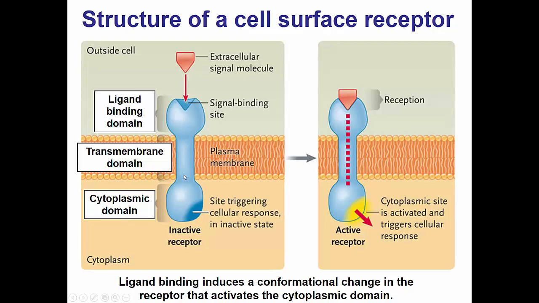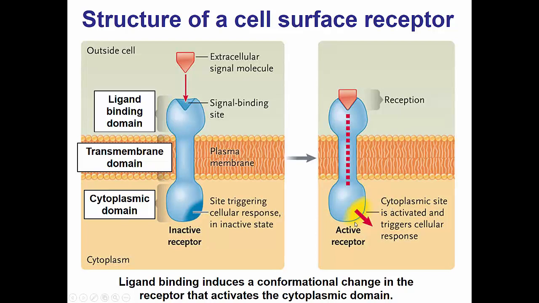The transmembrane domain is a hydrophobic part of the receptor that is embedded within the plasma membrane, and it transmits the signal to the cytoplasmic domain, and those cytoplasmic domains can vary, but they always have some portion that becomes activated in order to transmit that signal into the cytoplasm.